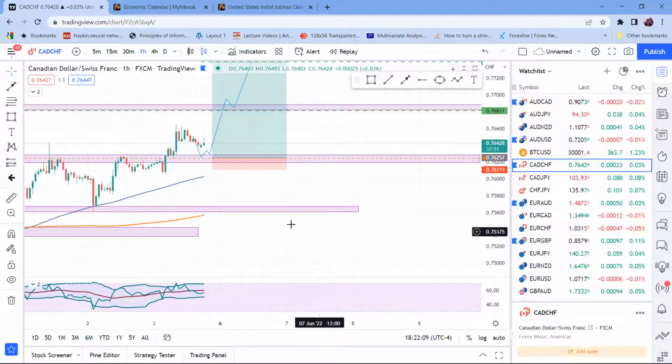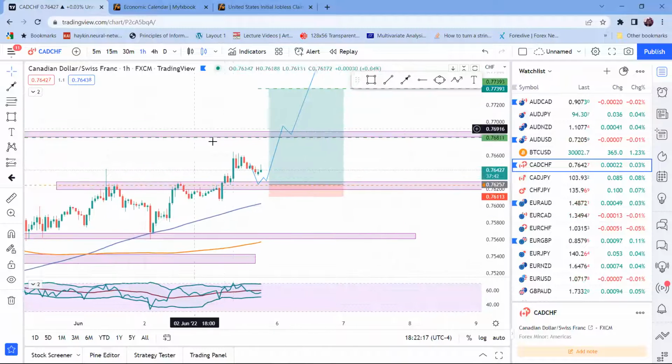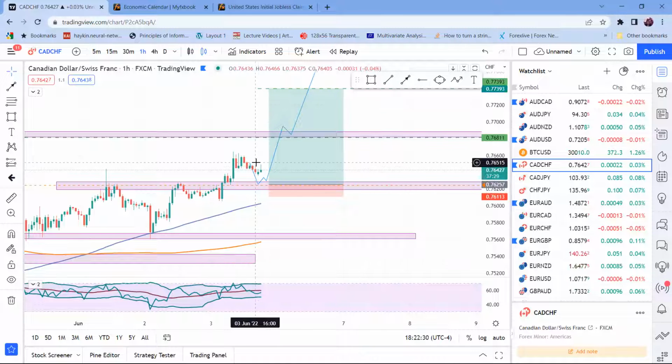Just these little things here as well. CAD CHF, looking to possibly see price going to this area right here. If we get solid rejections and a possible continuation moving upwards, I'm a little bit more hesitant on this just because, again, that CAD strength, very tricky to say where the market is at with that. Strong economy, yes, but how does that translate into the markets?